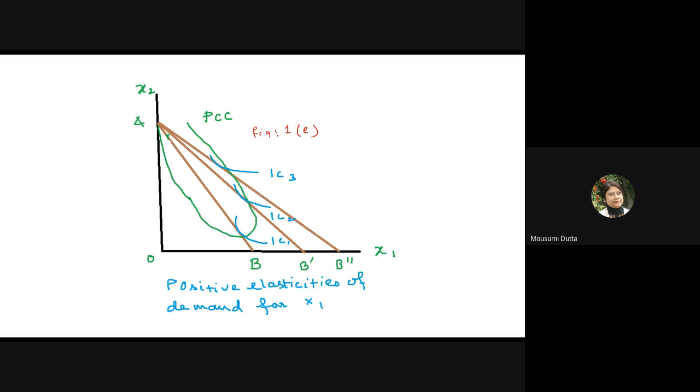In this case, the own price elasticity of demand for X1 is positive in sign, and the demand curve for X1 in the price quantity plane is positively sloped.